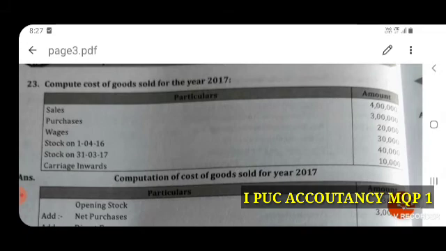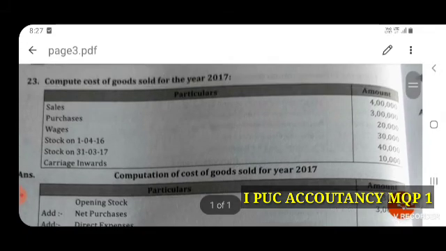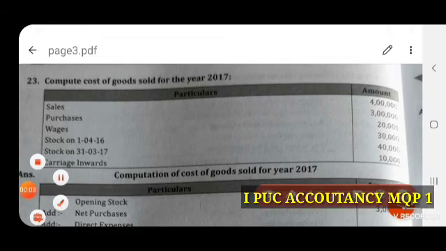Next, 6 marks question. Compute the cost of goods sold for the year ending 2017. So that is the calculation of cost of goods sold. How to find out cost of goods sold?